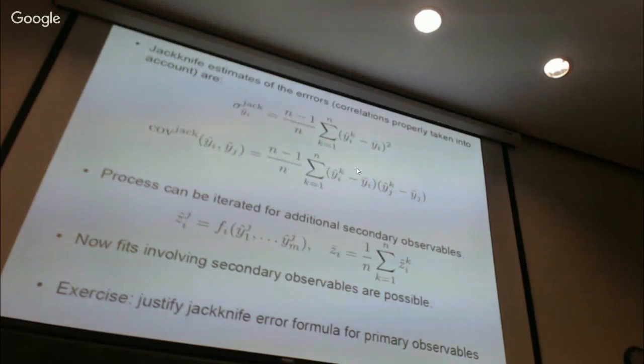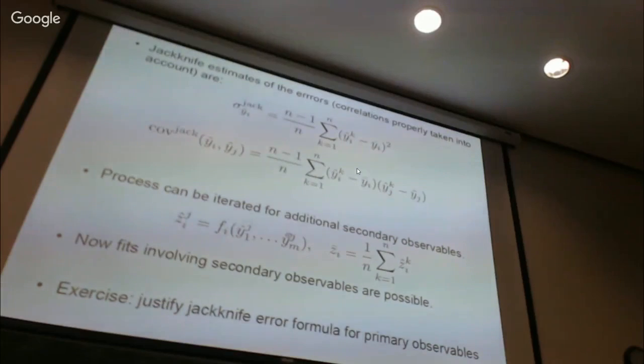Remember, if I was doing error propagation of some complicated function, I would need to take all these derivatives, right? I'd have terms that look like this, and then I'd have a covariance between x_i and x_j. This is all inherent in this jackknife program. So you don't have to explicitly take into account the covariance. Passing around these jackknife replica will take into account the covariance for you.